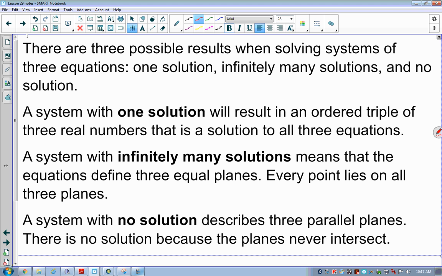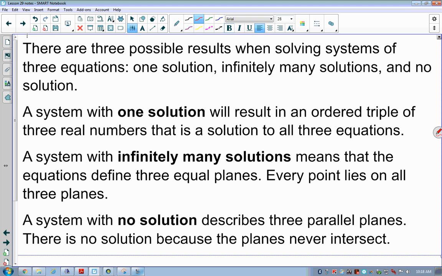If it's infinitely many solutions, obviously that defines three equal planes, and that's really what we're talking about. Each of these equations represents its own plane. So if there are infinitely many solutions, it would be equivalent to stacking three sheets of paper on top of each other. They're in the same plane at that point, at least as far as we can visually represent.